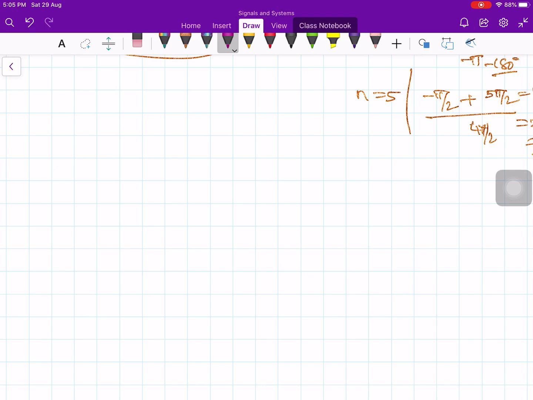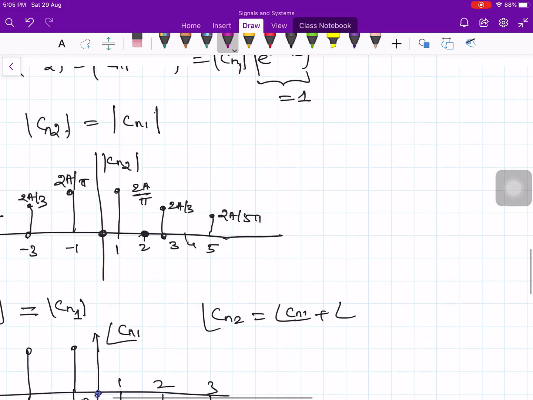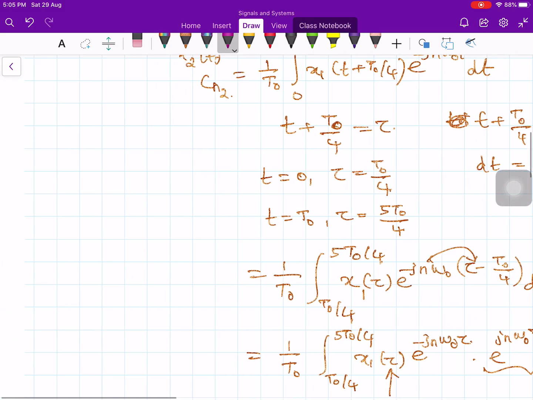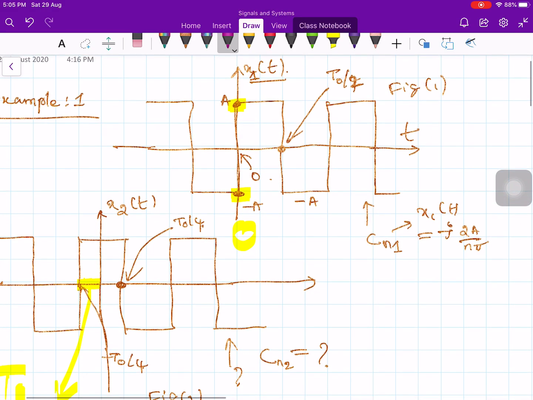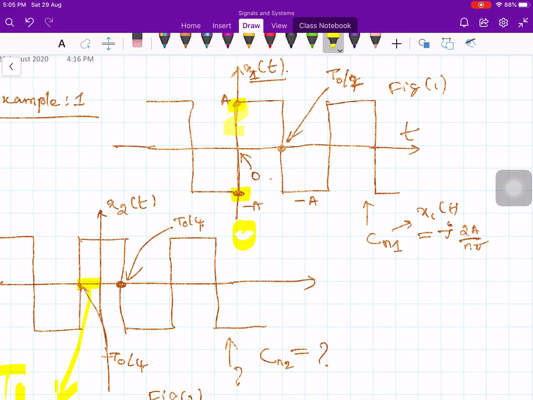Therefore, we can say that the magnitude spectrum is invariant under the operation of shift in the time axis. So when we took this example, we just shifted the time axis here. Just looking at the waveform, we are shifting the time axis. So even if you do the shifting, there is no variation in the magnitude spectrum.